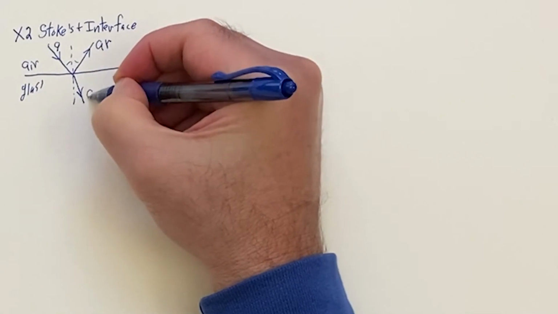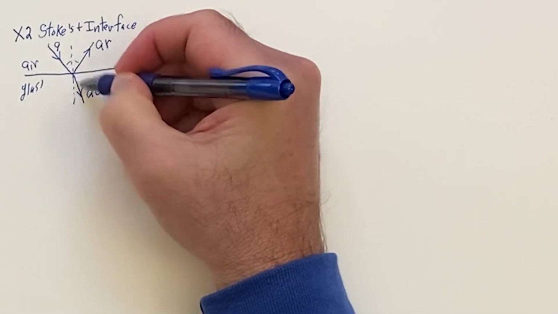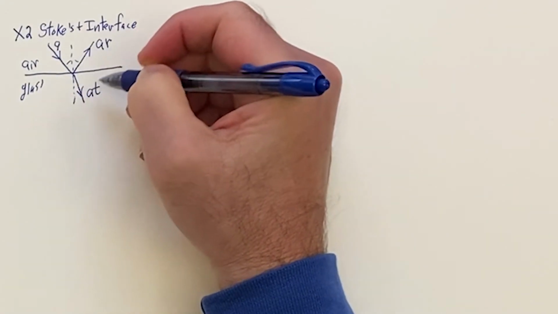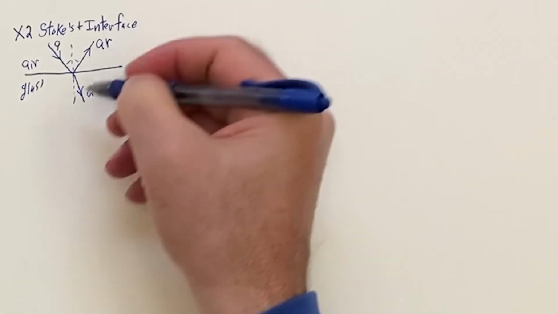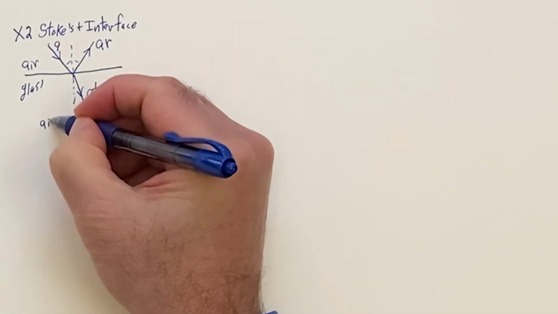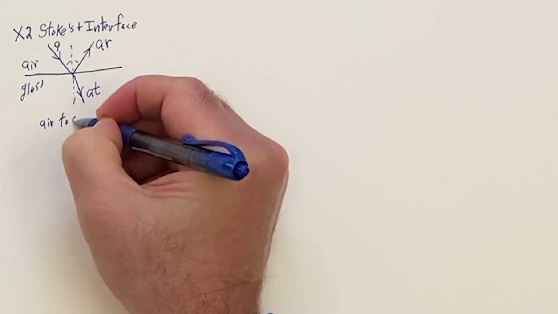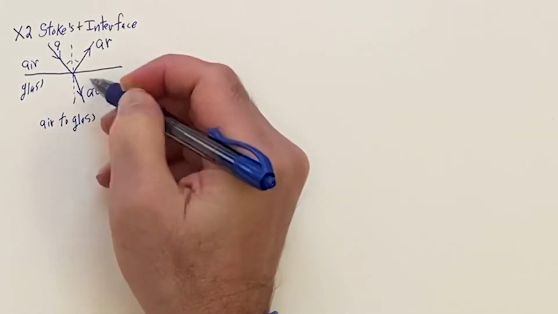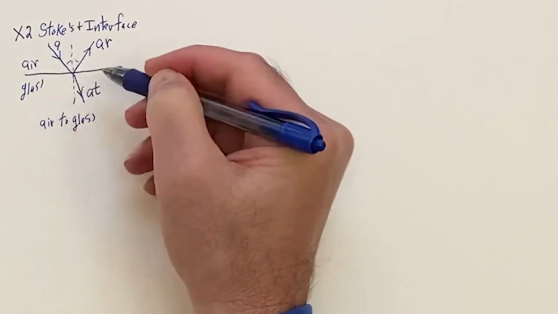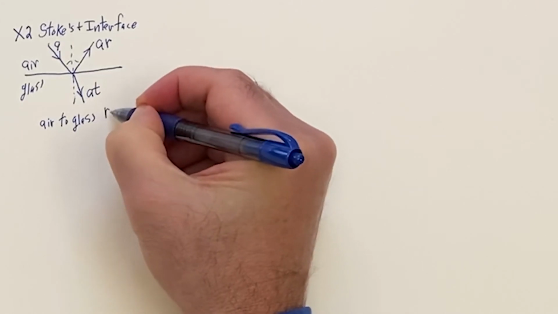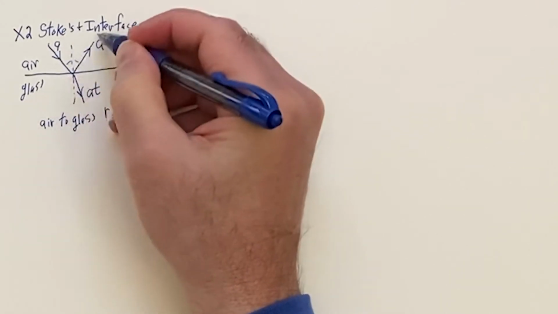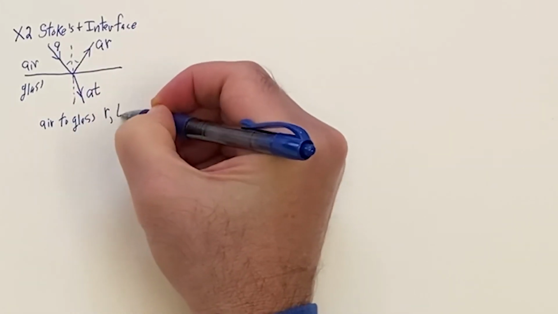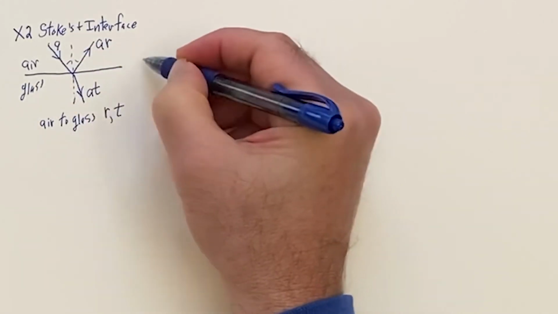And then this would be A times T, the fraction that's transmitted. So basically, if you think from air to glass, coming from the top side, then you're going to use R for reflection, that's going back into the air, and then T for transmission, that's into the glass.